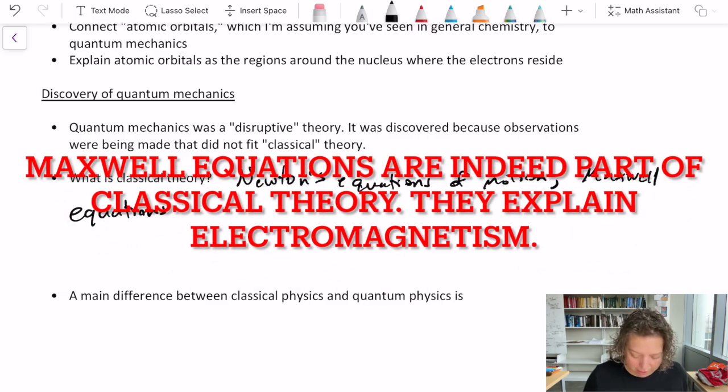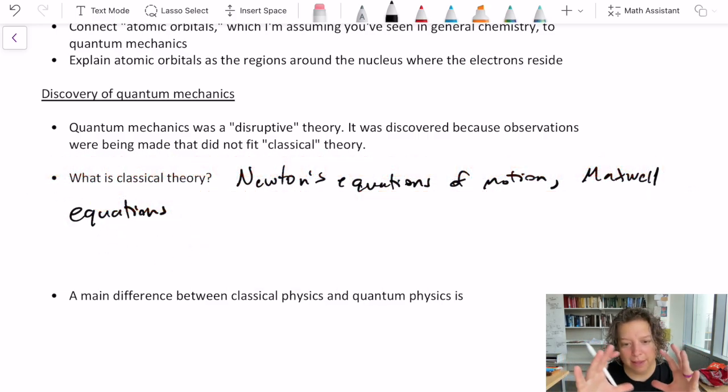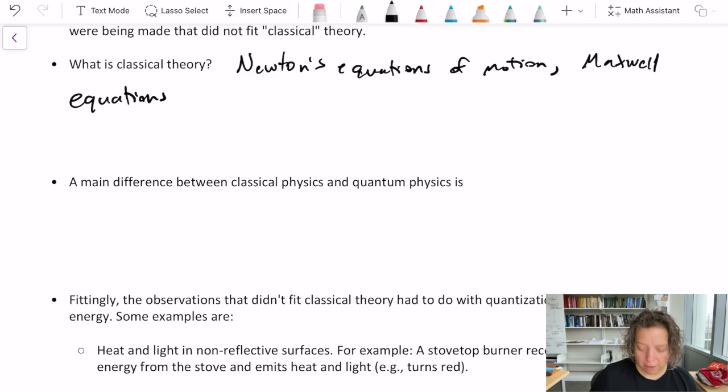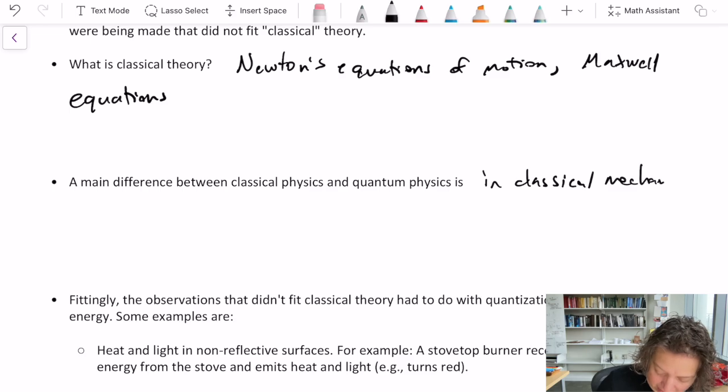Basically, in classical mechanics, things happen on a continuum. A main difference between classical mechanics and quantum mechanics is that in classical mechanics, any value is possible.